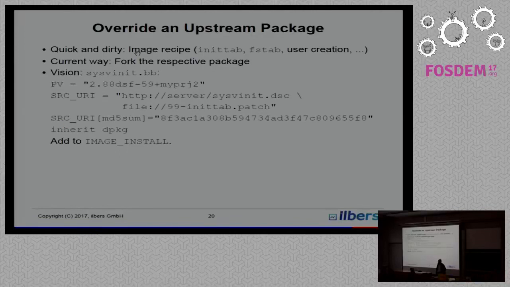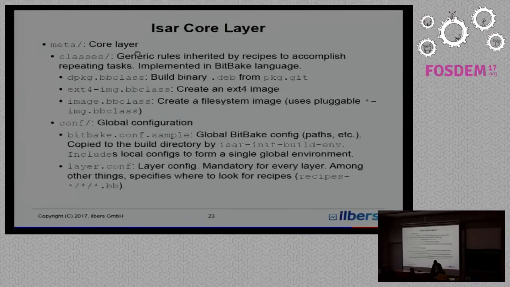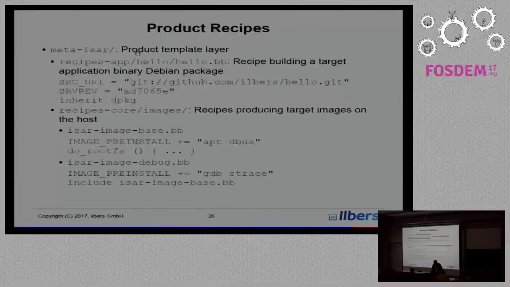So our vision is to have a recipe that can override the default package with some patches, and then it will create the source package and the binary package for that. But this is not implemented yet. So this is for reference.